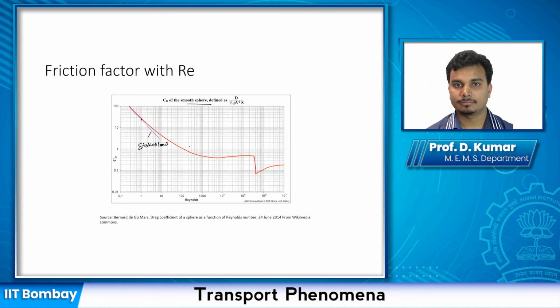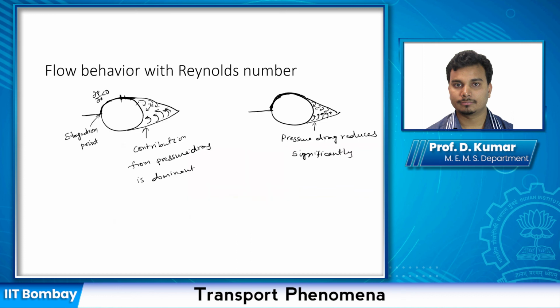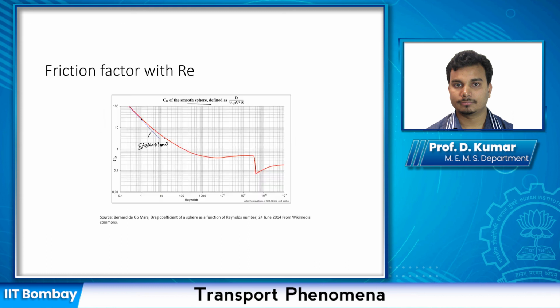In the intermediate region, your pressure drag keeps increasing, but your skin friction drag keeps reducing, so the overall effect is that the drag coefficient remains constant.